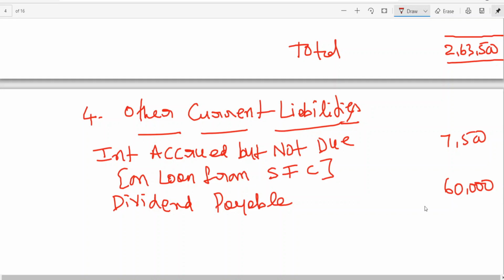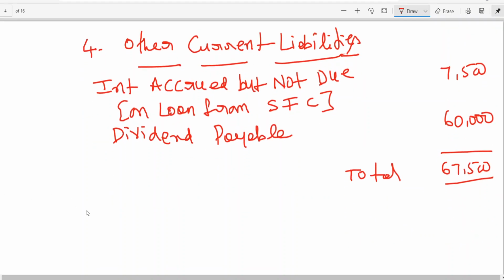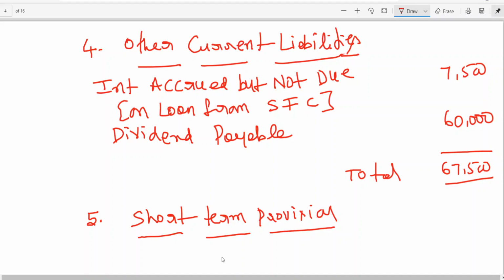So it is coming to 67,500. This is total. The fifth heading: we are having on the liability side short-term provisions. Short-term provisions, we are having provision for taxation.